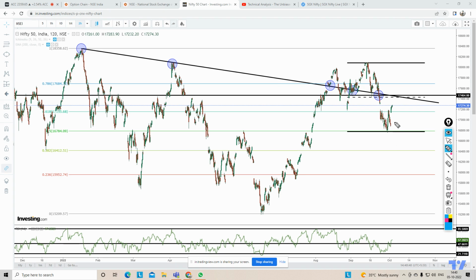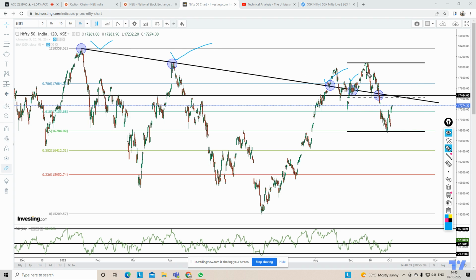Now the interesting area I was talking about is this confluence area. This is the confluence point between the 50% of this trend and this resistance trend line.